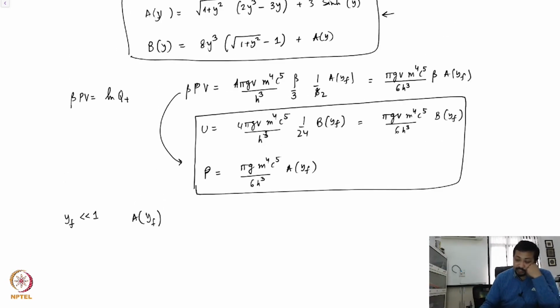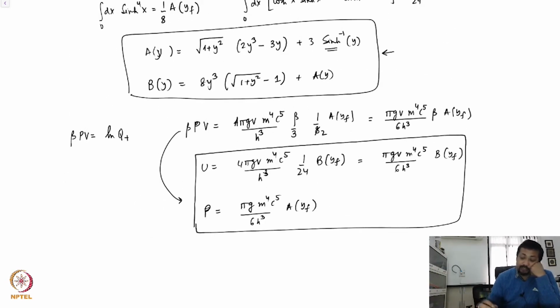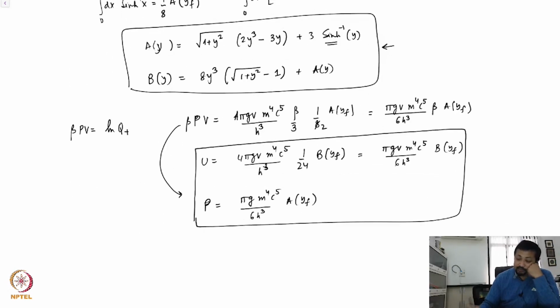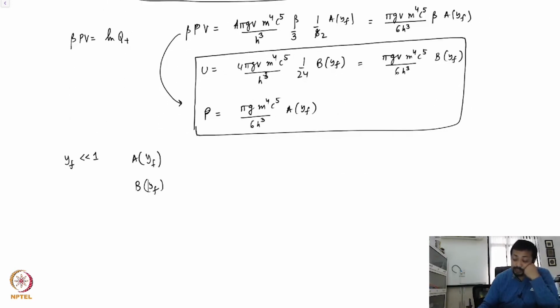Here I have this sine hyperbolic inverse of x. So I am going to use the expression that sine hyperbolic inverse of y is going to be log of y plus square root of 1 plus y square. This I am going to use in the two limits. I will not work out the limits, but I will just write it down, it is very easy.